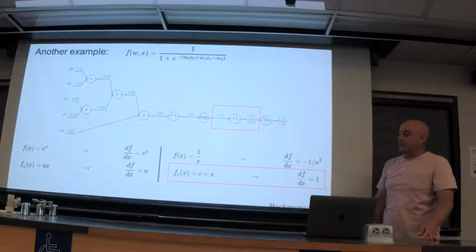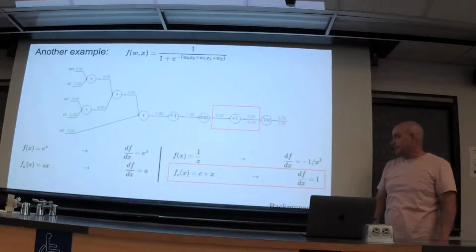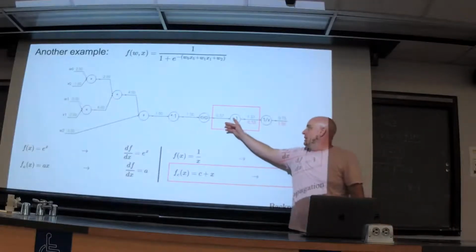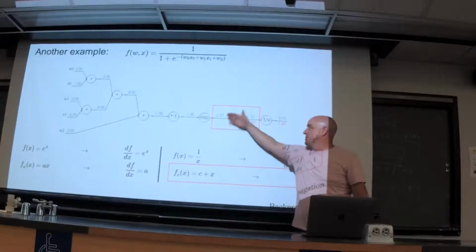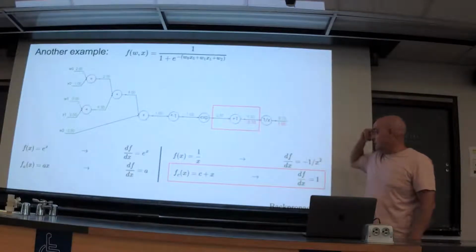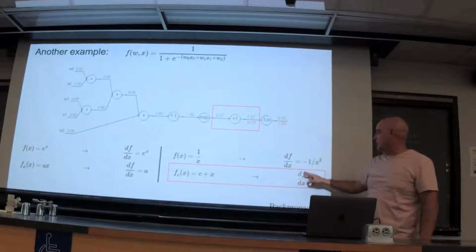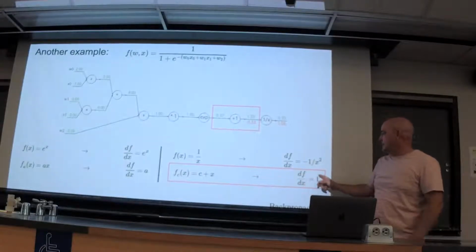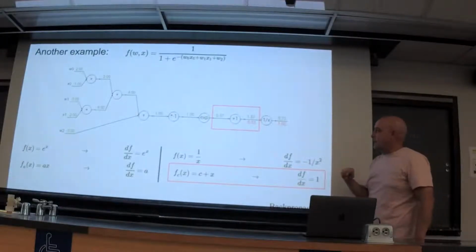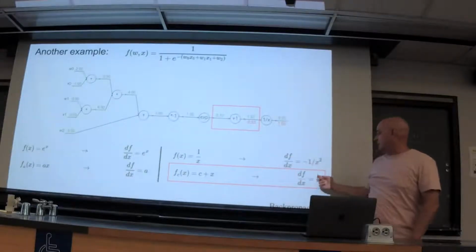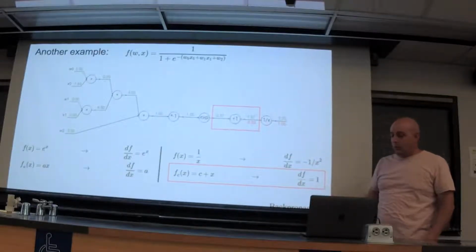Okay, the next one. Here we're just adding 1. That's pretty simple. This is just a constant with respect to the input, so it's going to give us a derivative of 0 for the constant. So we're just left with the input, and the derivative of that with respect to the input is just 1. So no matter what the input is in here, we have a local gradient of 1.